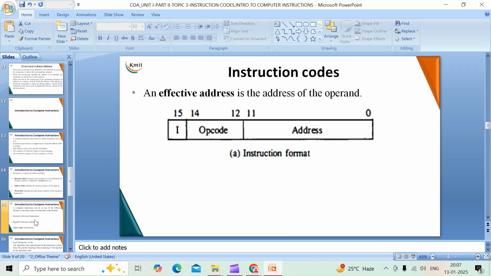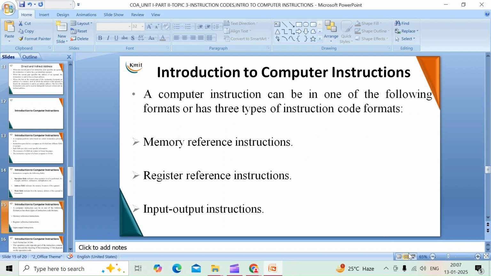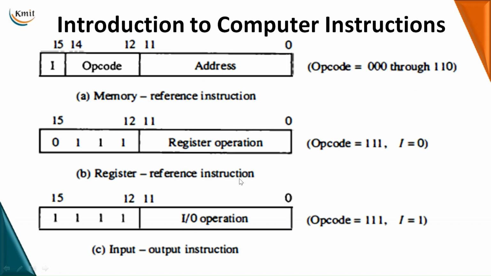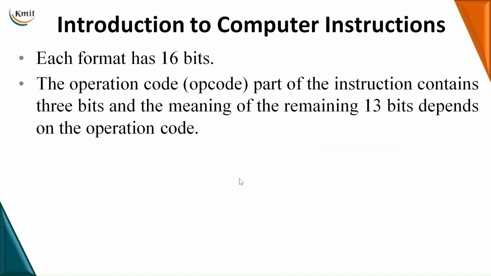Based on the decoder outputs D0 to D7, the computer instructions are classified into three types: memory reference instructions, register reference instructions, and input output instructions. And each instruction format is a 16-bit format.